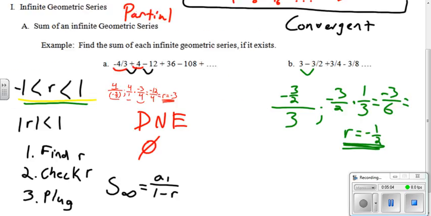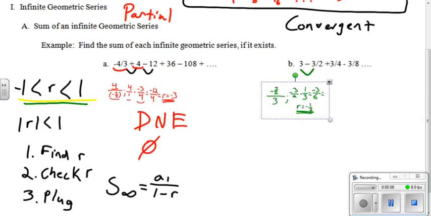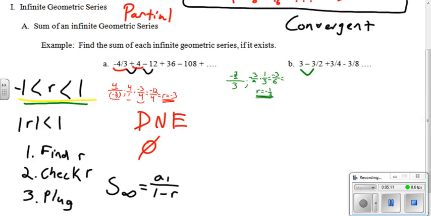This one does have a sum, so let's go ahead and find what that sum is. Remember, all we have to do is just plug in: infinite sum equals our first value, 3, over 1 minus our R value of negative 1/2. 1 minus negative 1/2 is the same as 1 plus 1/2.